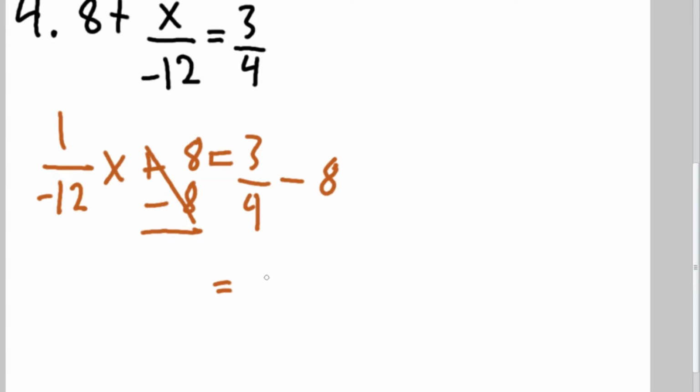And that would be negative 7 and 1/4. And then negative x over 1/12. And then we can divide both sides.